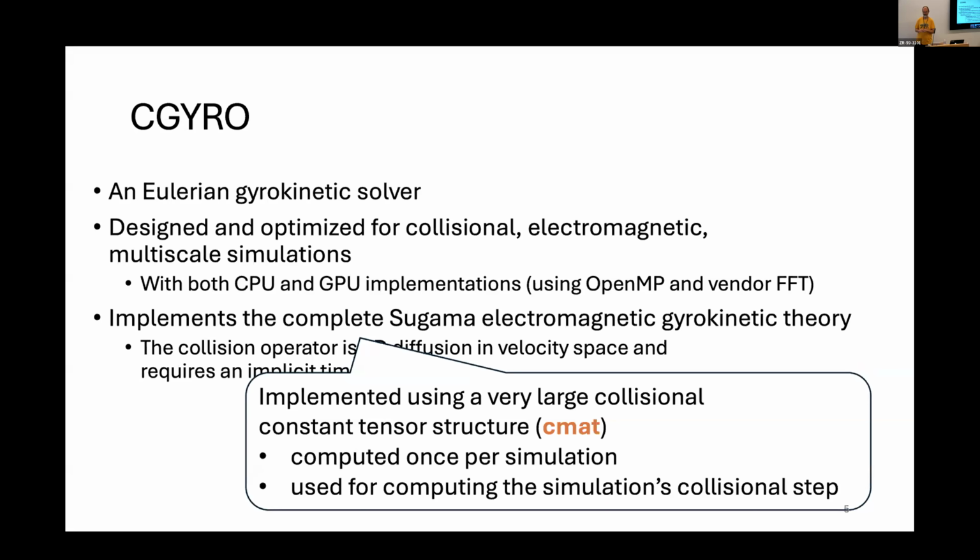You'll see CMAT referred to a lot, which is computed once per simulation and then used repeatedly during the simulation as you progress through the time steps.